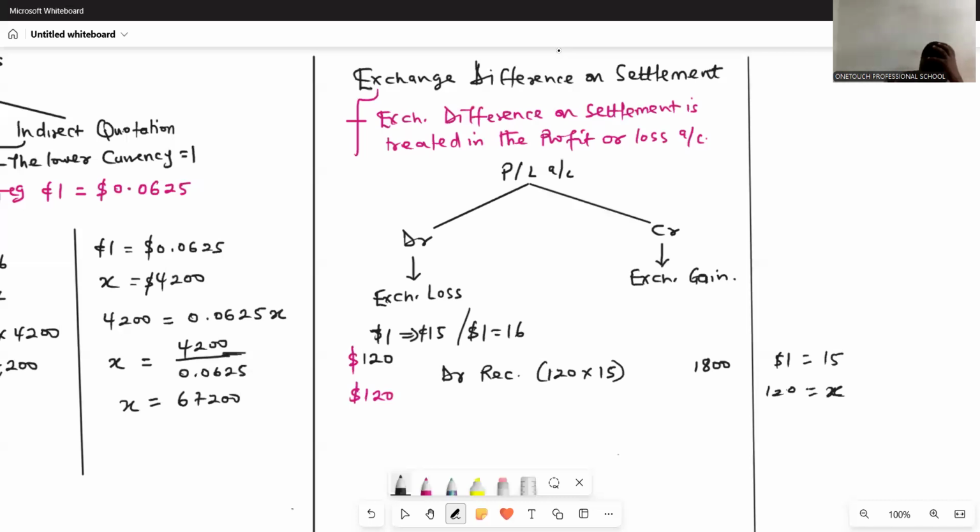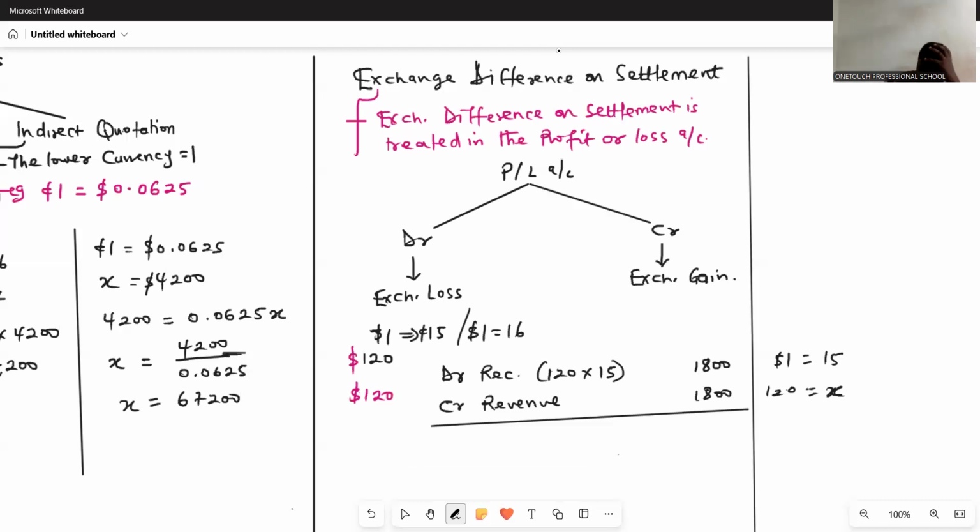Then you credit your revenue with 1,800. Now, the receivables have been settled, right? So the whole receivables is no more. So you credit the receivables of 1,800, it has been paid. So you have received money. So which account do we debit? Cash, that's your bank.